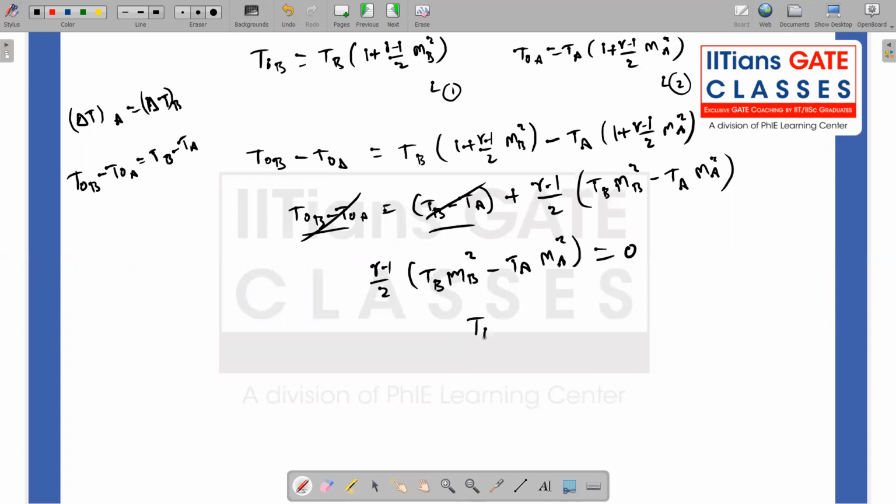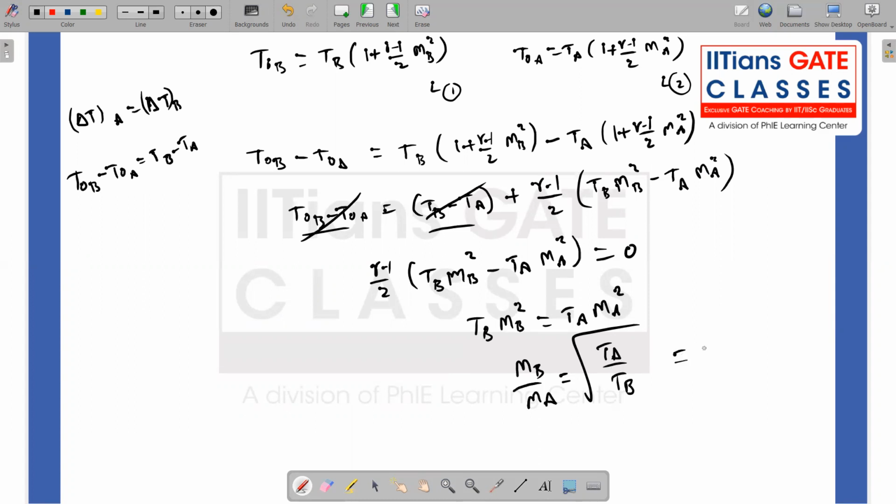That is nothing but TB MB square is equal to TA MA square. So now I can write in terms of MB by MA, which is equal to square root of TA by TB. Now it's straightforward, right? I know TA is less than TB, because TB is greater than TA, as we can recognize from the curve.